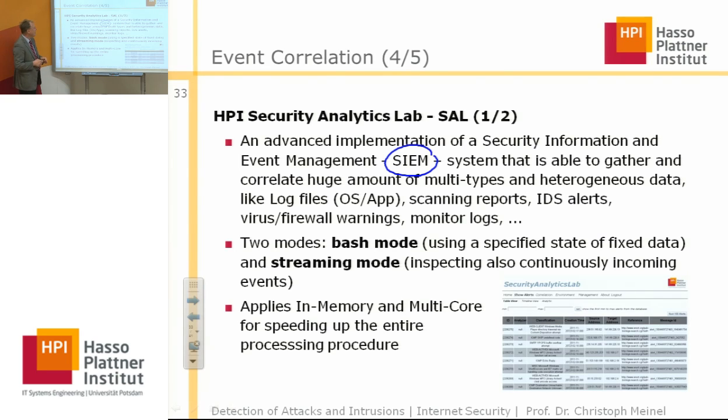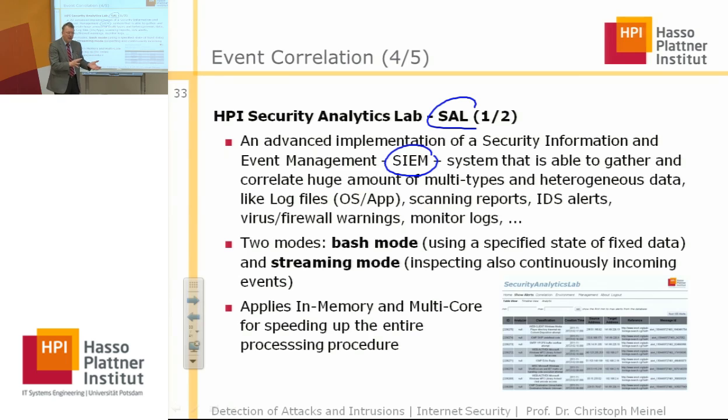The SAL, the Security Analytics Lab at HPI, runs in two modes. The batch mode is using the state of fixed data and analysis not in real time, and the streaming mode that is inspecting continuously incoming events. I mentioned already we apply in-memory and multi-core technology to speed up.